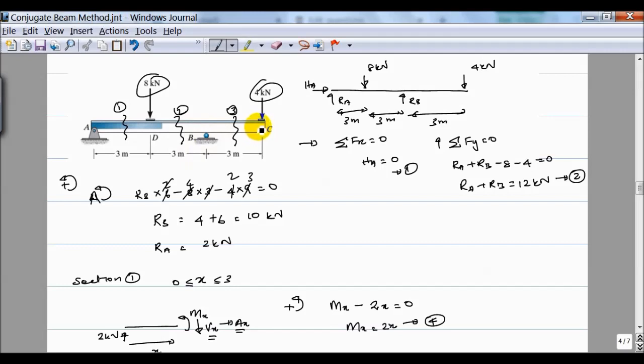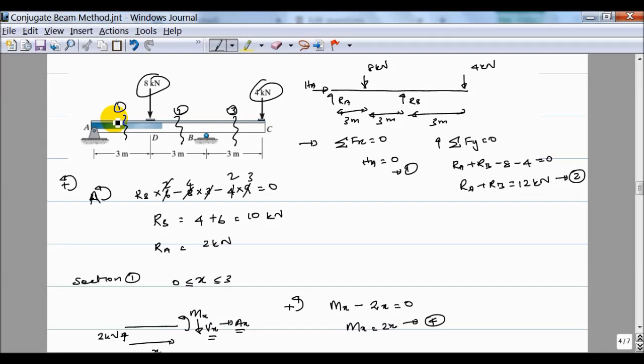The reason is at point A you cannot have deflection, and you can have slope. Slope corresponds to shear force and deflection corresponds to bending moment. So in the conjugate beam at A you can have shear force, but you cannot have bending moment. So the support that can carry shear force but not bending moment should be a pin support.